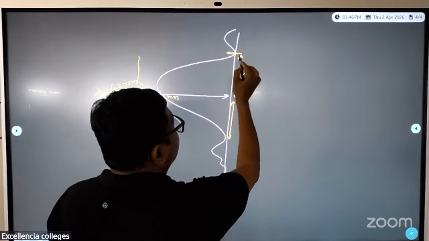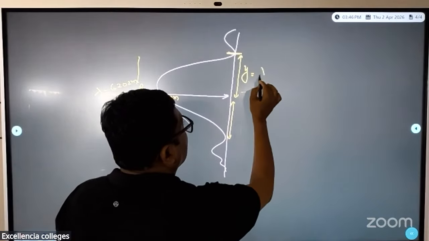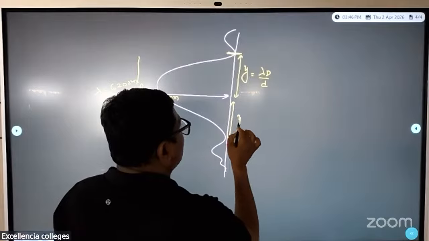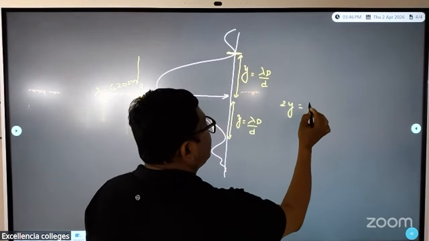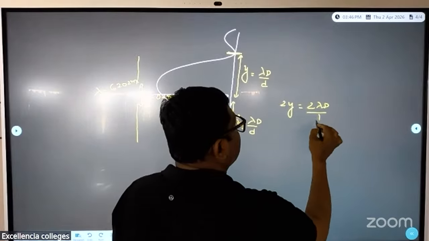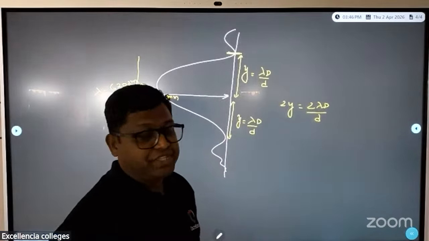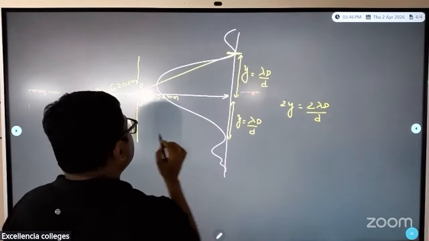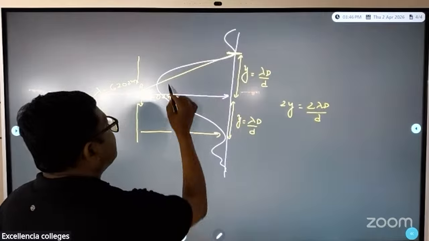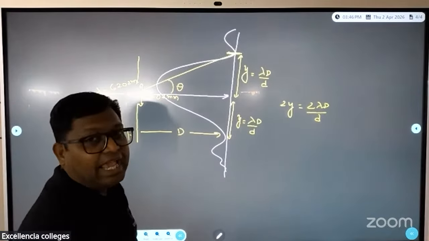So in fact, if you take this to be y, it is lambda D by d, this side is also lambda D by d. So 2y will be 2 lambda D by d. This is the linear fringe width. But then if you take y divided by capital D, that gives you the angular width.